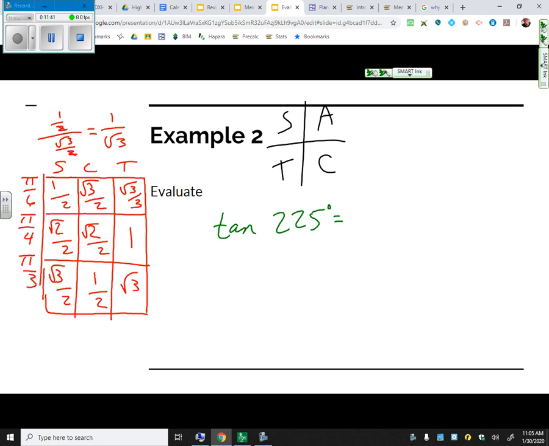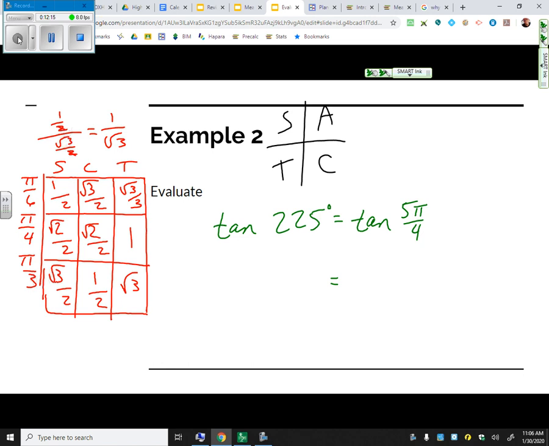Hey, I have people that are just switching this to radians every time because that reference angle is a lot easier to find. So you're more than welcome to multiply this by pi over 180, switch it to radians. You guys want to do that? Okay, so I agree. So this is going to be the same as tangent of 5 pi over 4. I like that. That's a lot easier to find the reference angle on. What is my reference angle? Pi over 4. Okay, so I'm going to come over here.